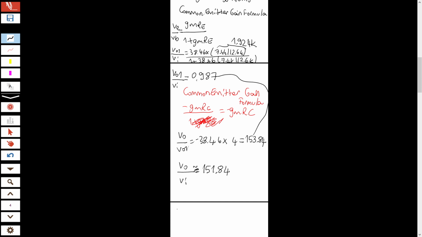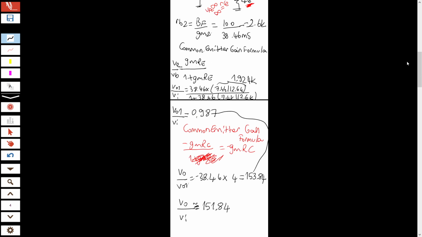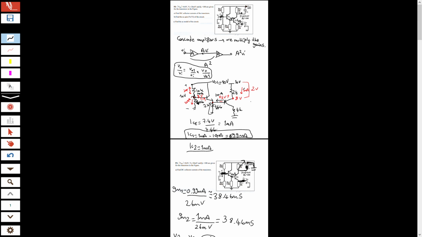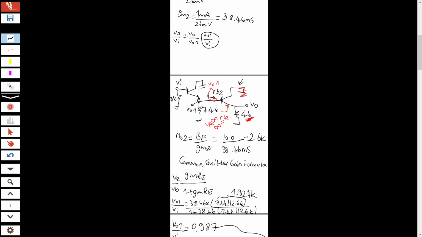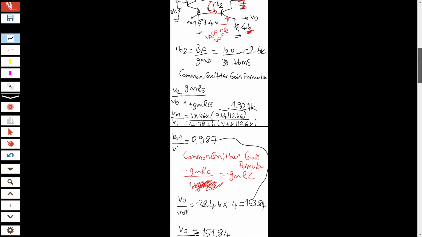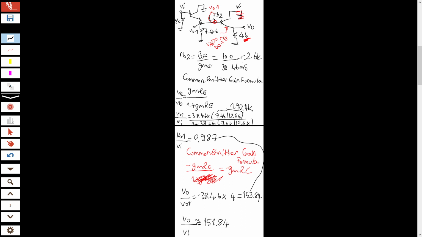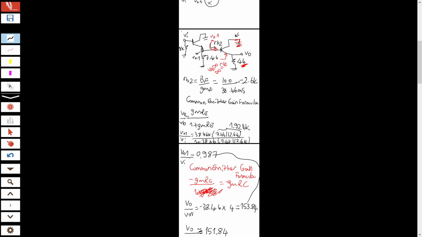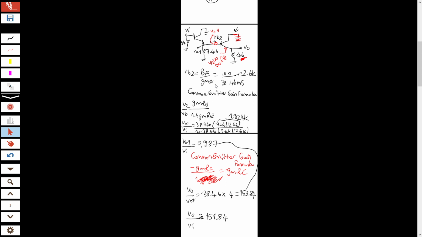So in section C, we should draw the AC equivalent of the circuit. Let's quickly find our input and our output. Remember, what was our input?